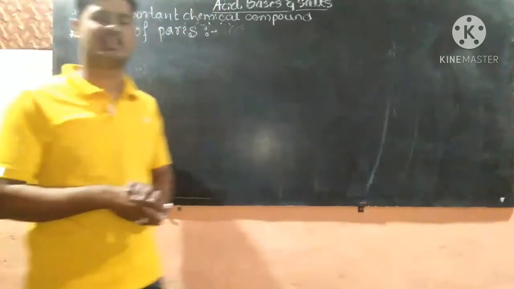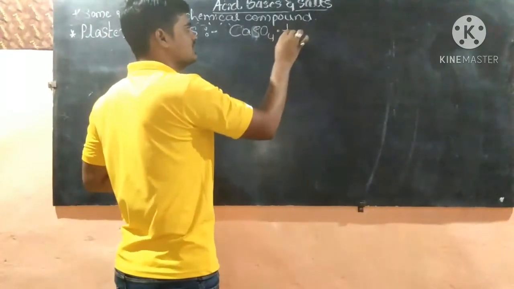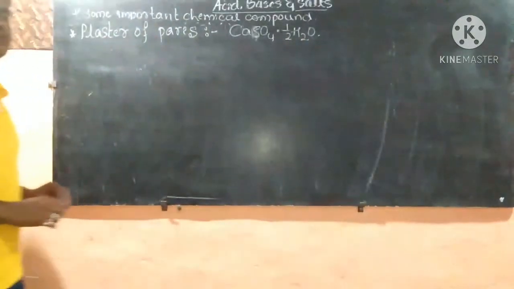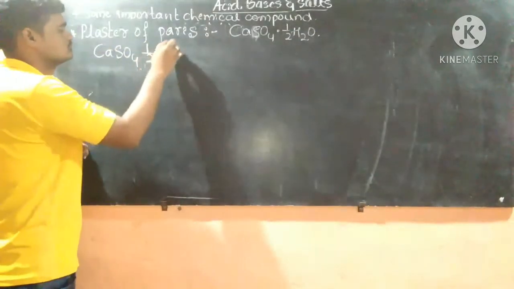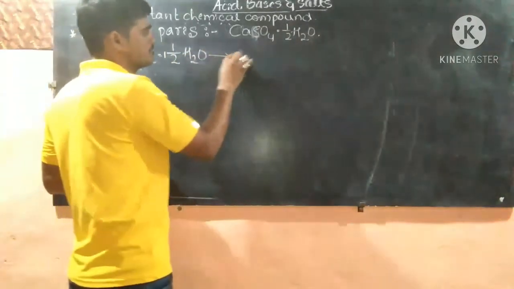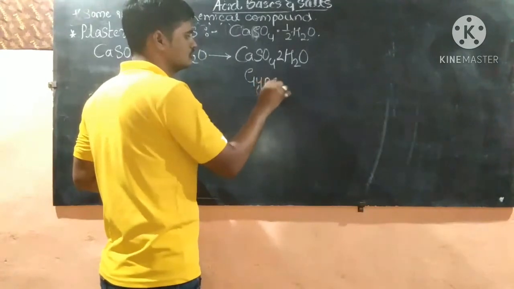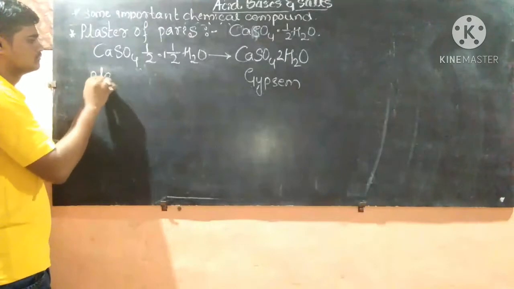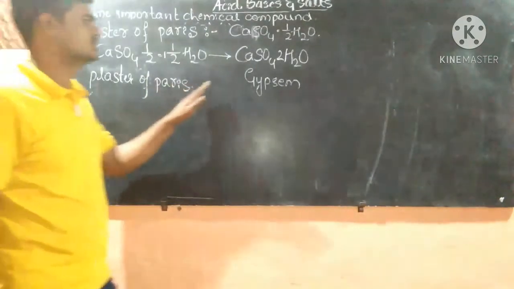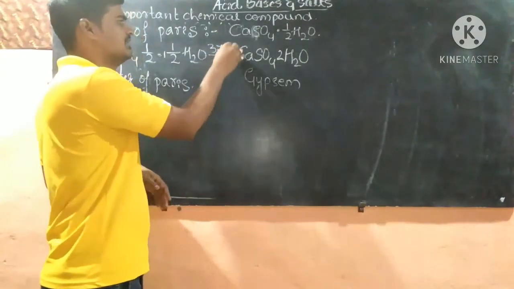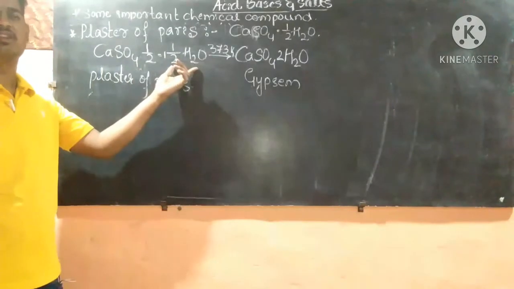So this plaster of Paris, the chemical formula for the plaster of Paris is CaSO4·½H2O. The chemical reaction for the preparation of plaster of Paris: when gypsum is heated at 373 Kelvin, it splits up into plaster of Paris, that is calcium sulfate hemihydrate, and 1.5 water molecules will be released.